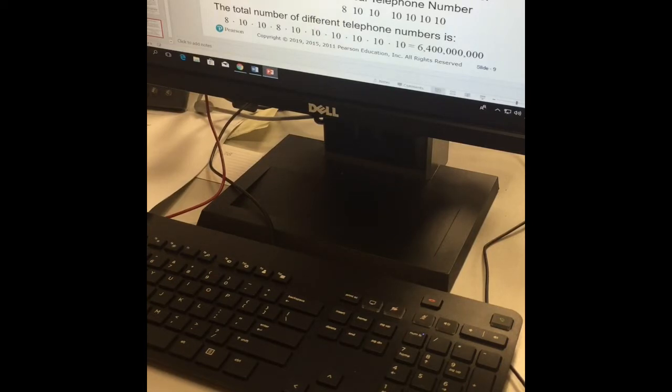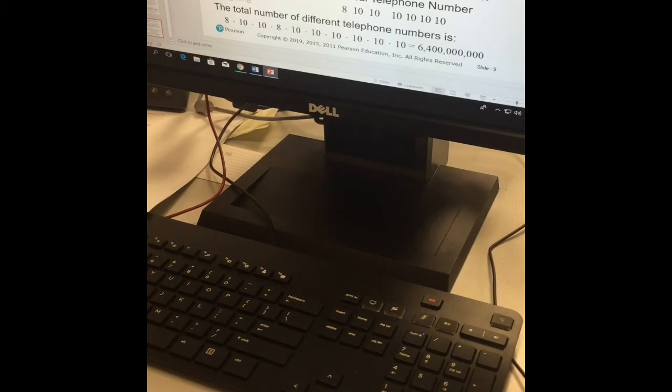So again, we need to know how many digits we'll be working with. There are 10 digits that we use in our number system from 0 to 9. But since we cannot use 0 or 1 for the first digit in the area code and the local number, in this first slot, you see that we have excluded the first 2 digits.